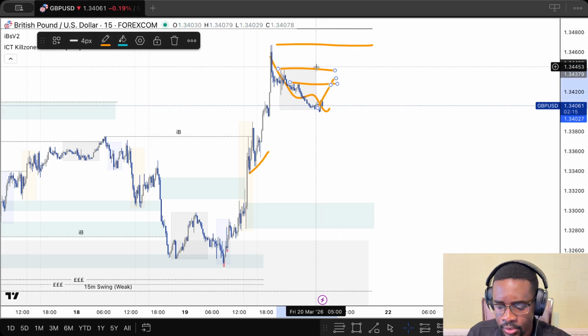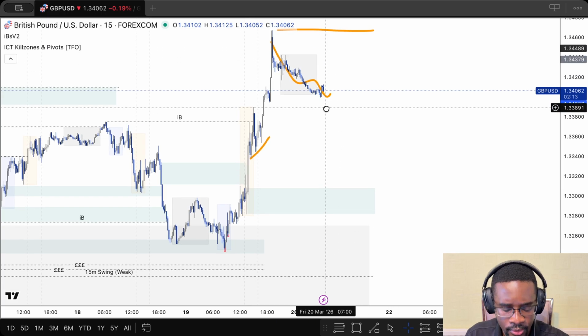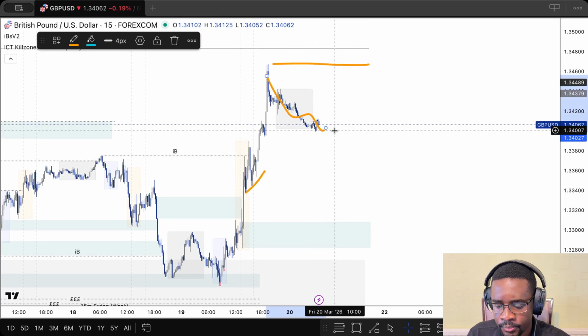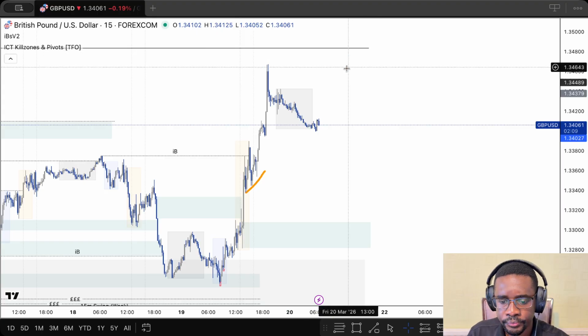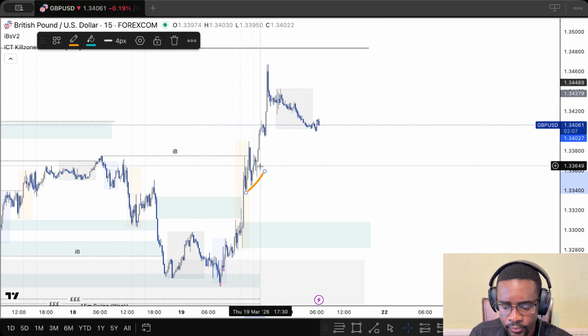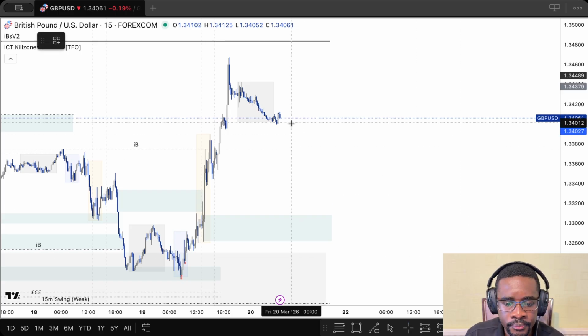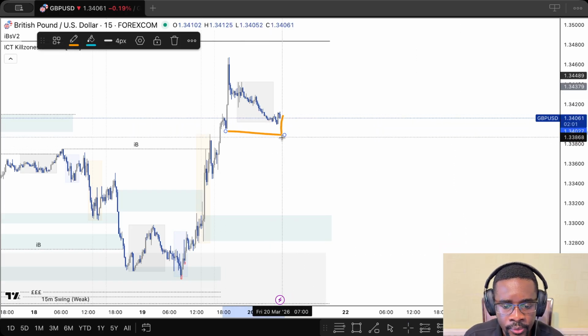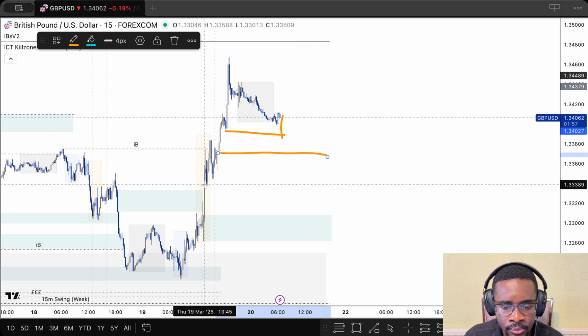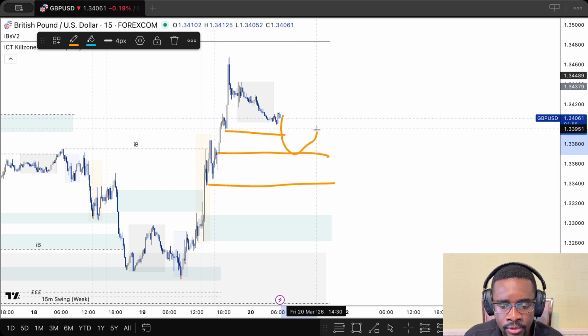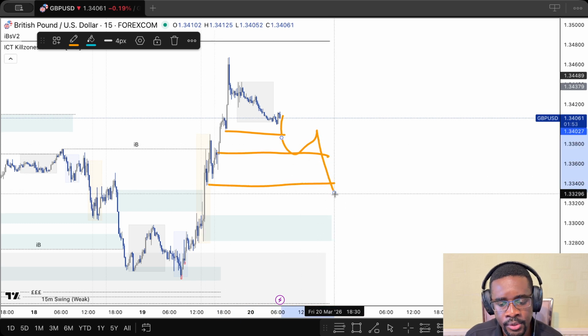So we could then expect price to take out this area, and then possibly come down to these areas, give a reaction, then take them out as well.